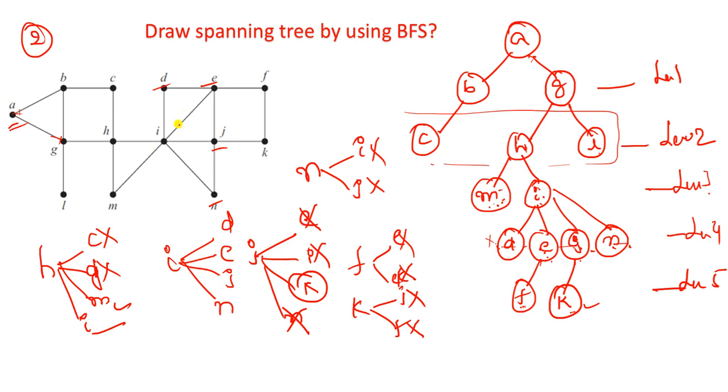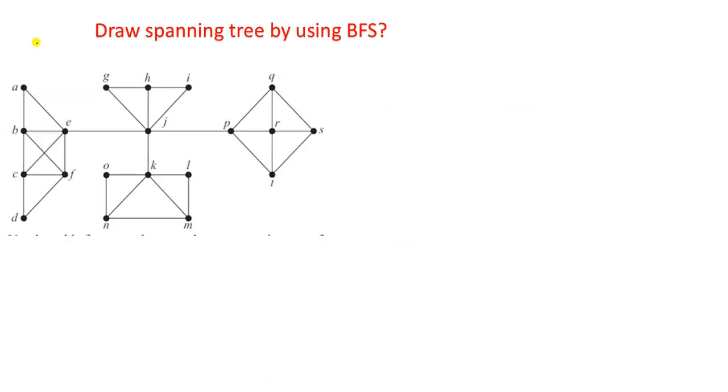Check whether all the vertices of the graph are there in the spanning tree. Definitely they will be. Okay, A, B, C, D, all elements are there. Now see the third question, the third example, of how we can construct the spanning tree with the help of BFS. For this example also, we will take A as the root node and explore the root node.